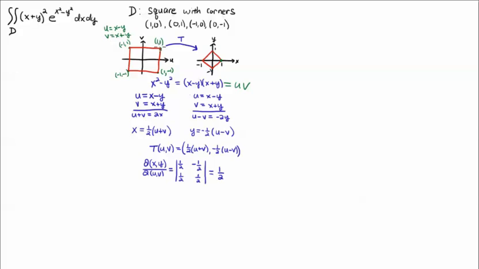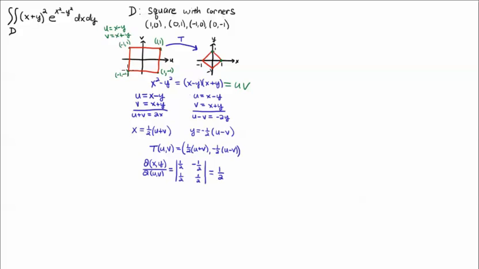So (1, 0) gets mapped to (1, 1). Similarly, when x is 0 and y is 1, then u is minus 1 and v is 1. So we get mapped to (minus 1, 1).